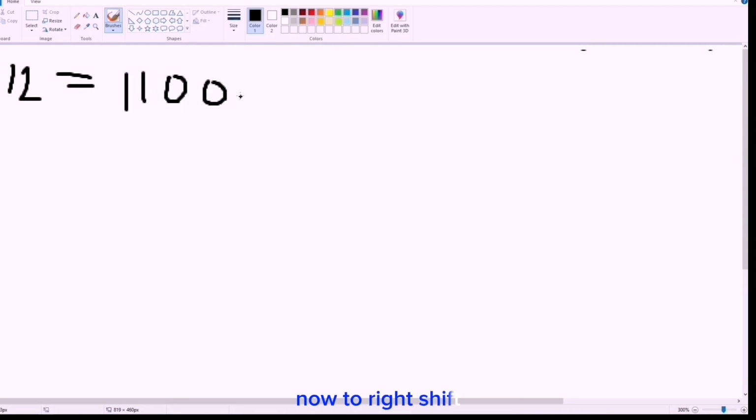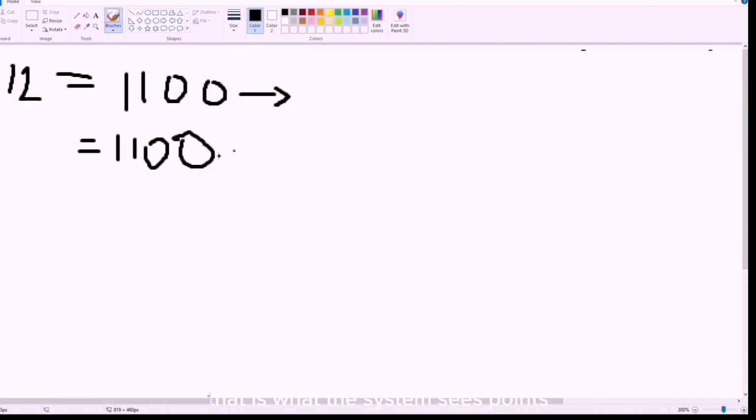Now to right shift, we are going to be moving this way, isn't it? Now the system has assumed that this is written as 1100 point. That is what the system sees, point. Now after this point, we have 0, 0, 0, 0, infinity.